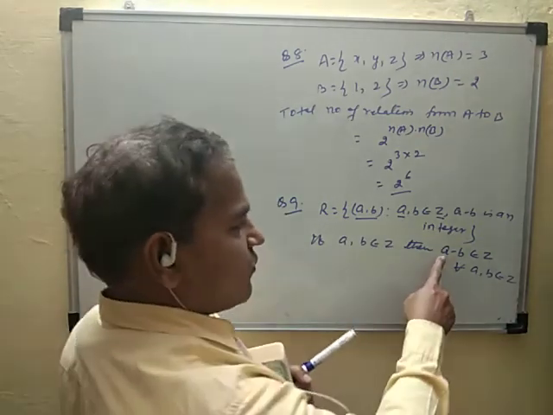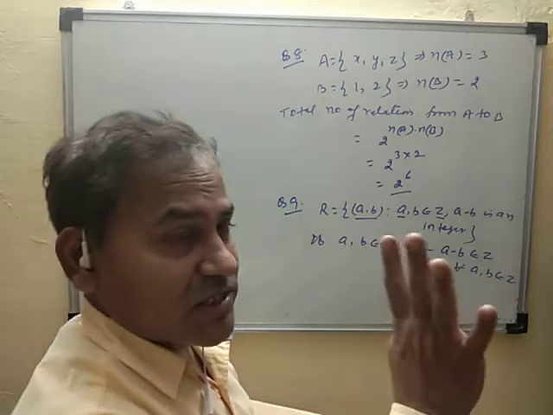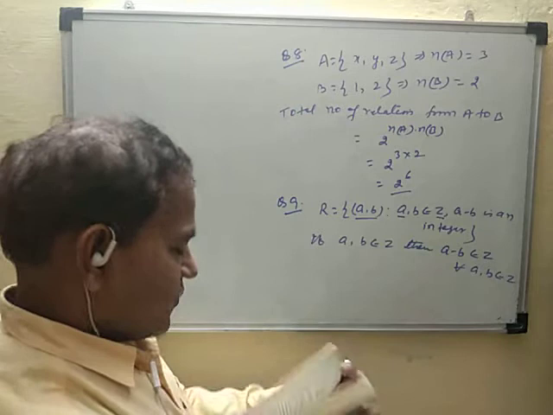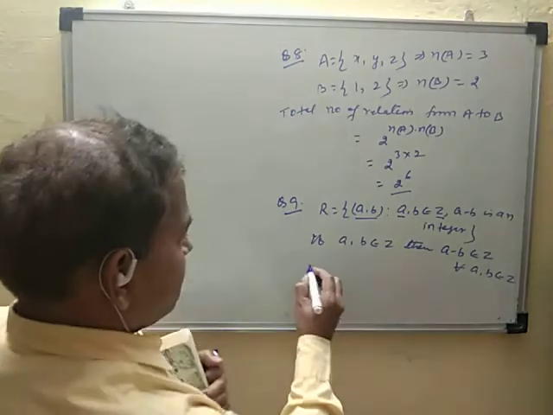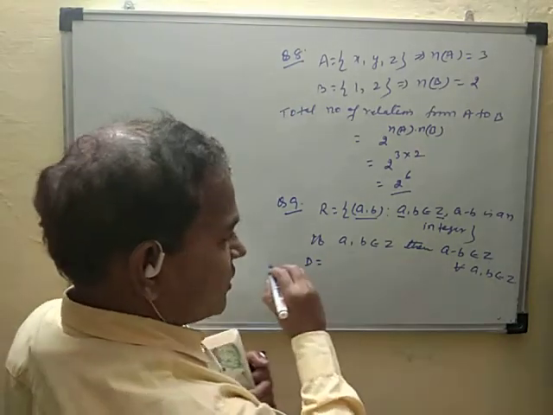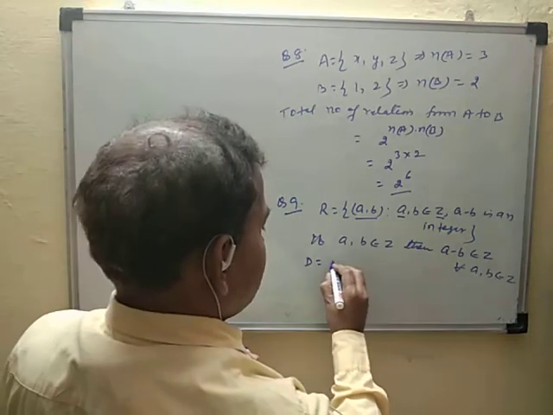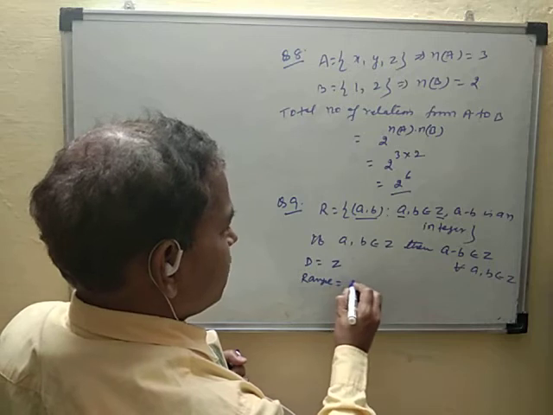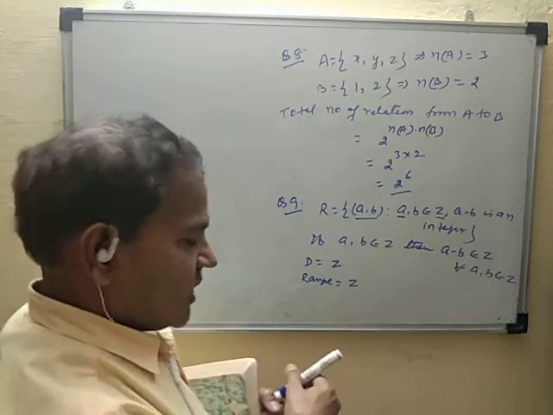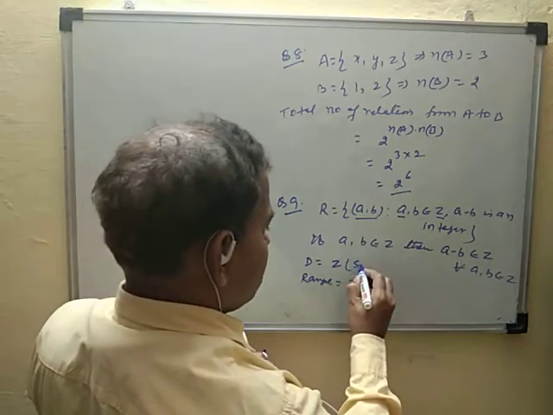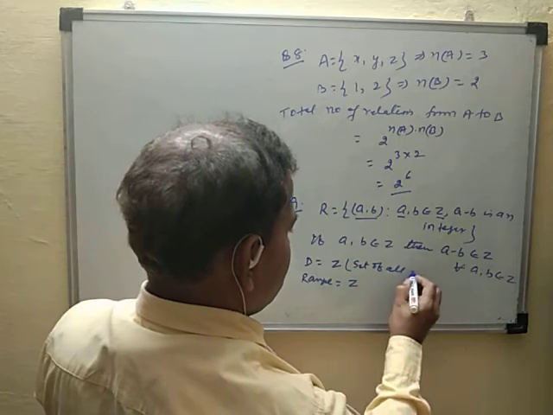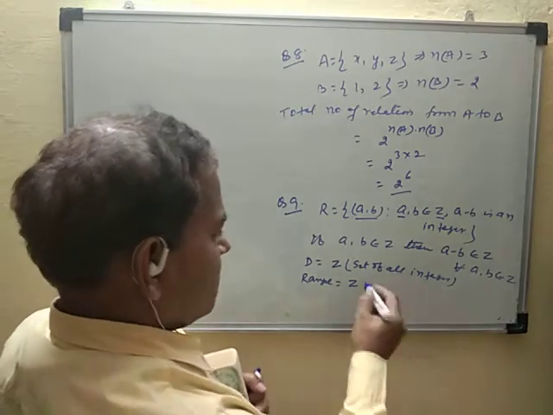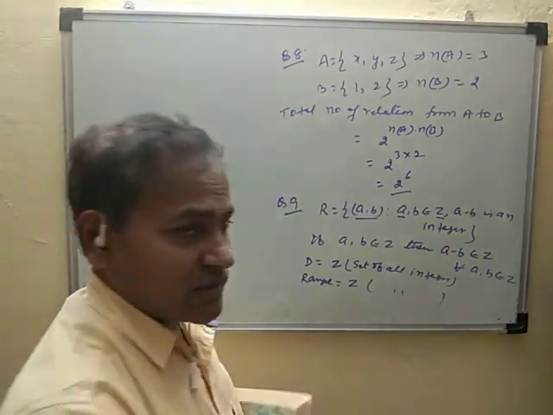So what are the values of a? Set of all integers. And the values of b? Set of all integers. So domain is equal to the set of all integers, that is Z, and range is also the set of all integers, Z.